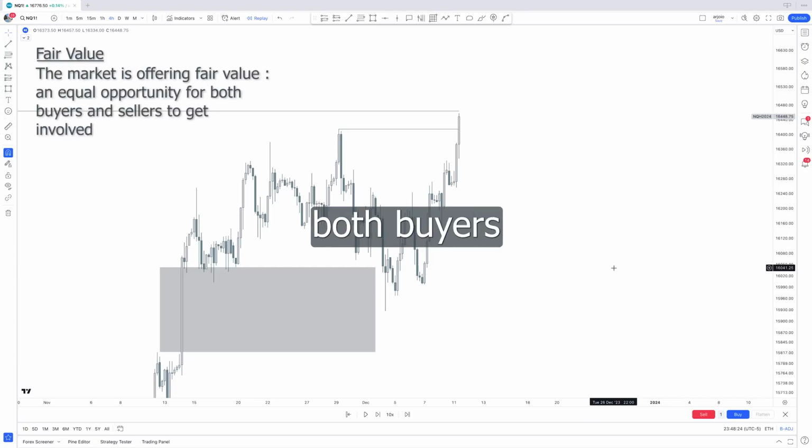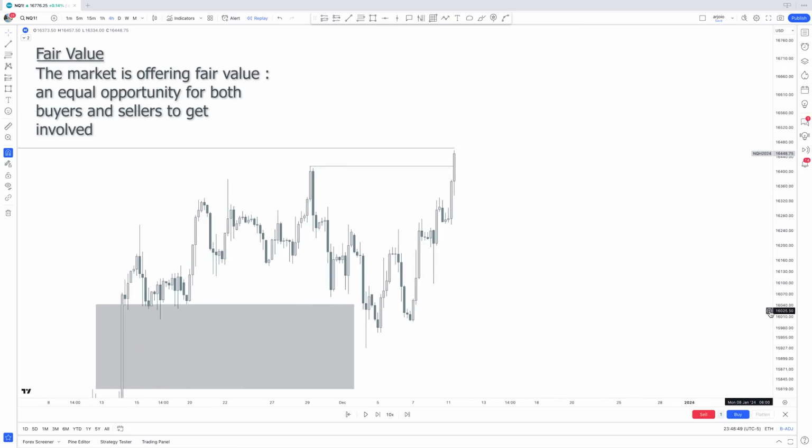Meaning that both buyers and sellers should get a fair chance to get involved in the market. So when there's only buyers in the market, there should also be a fair chance for sellers to get involved. If they want to get involved, then let's offer them a fair chance. Which is why a bullish fair value gap right there is usually what?